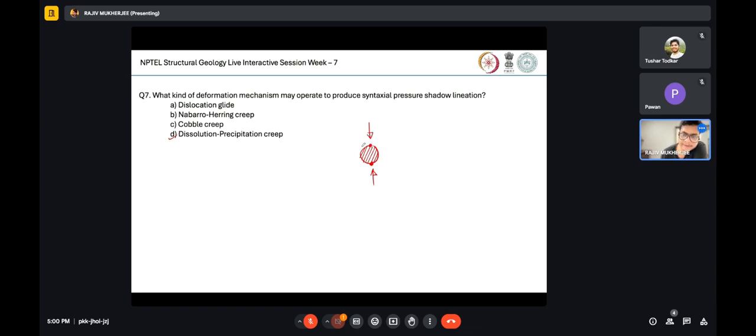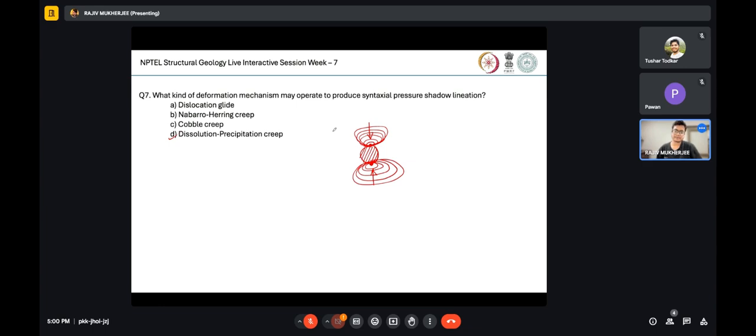So if I draw the stress contour, so this will be like this. With the highest strain at the very beginning, and gradually the stress is decreasing. So this is how the stress contour will look like.